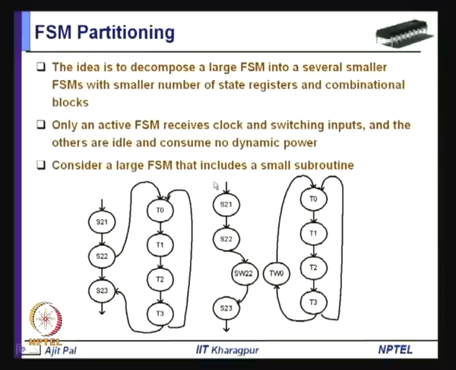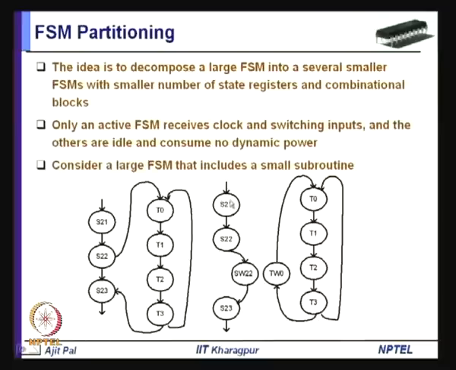So, normally when this particular FSM is running, the other FSM remains in the idle state. Similarly, when the second FSM is running, the main FSM remains in the idle state, and this transition from idle condition to active condition takes place through these 2 states SW22 and TW0.